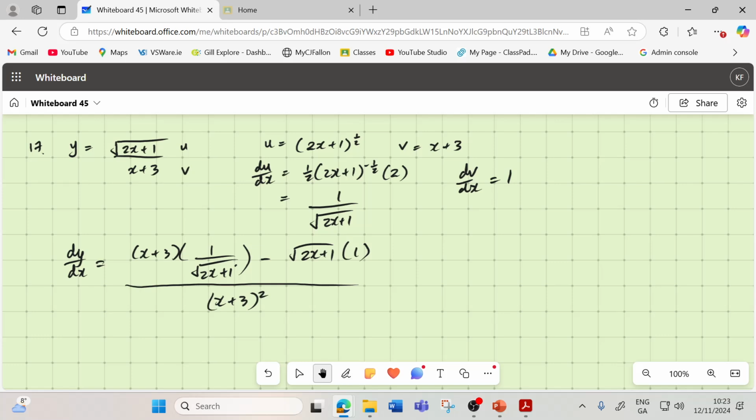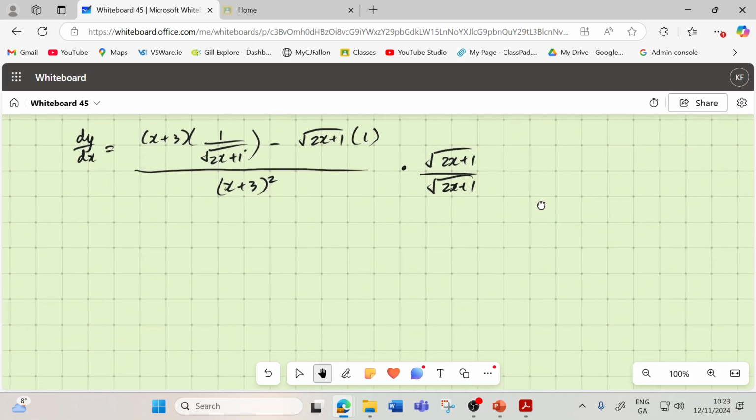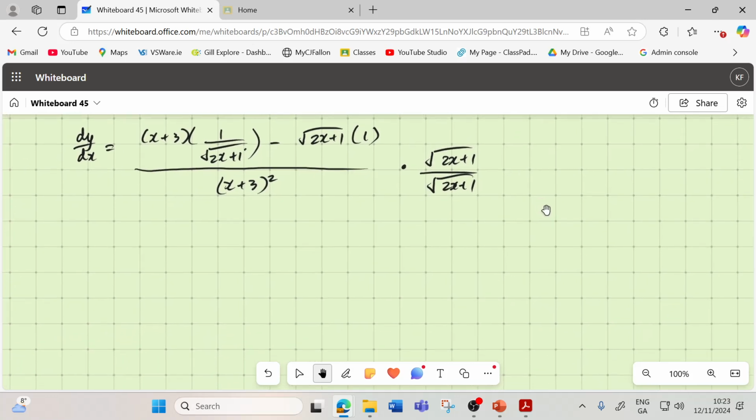Right, so this is the quotient rule. Multiply through by the square root of 2x plus 1, since the square root is common. So dy/dx equals x plus 3 minus the bracket (2x plus 1).